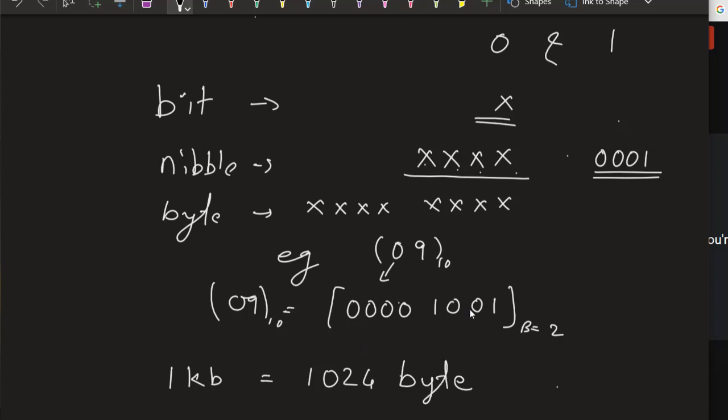If this is one single byte, then likewise if I have 1024 bytes all together, then it becomes 1 kilobyte.